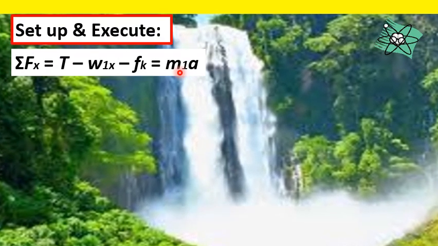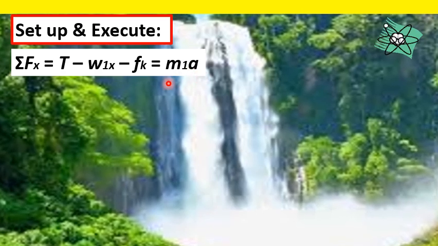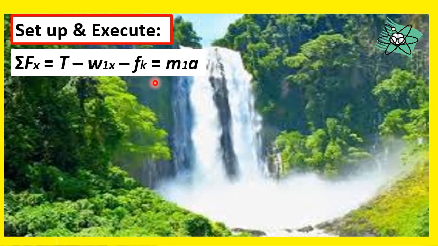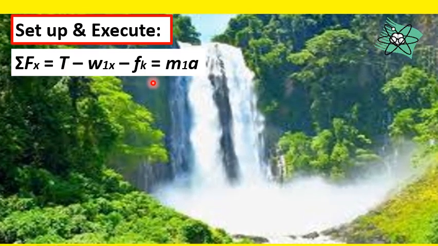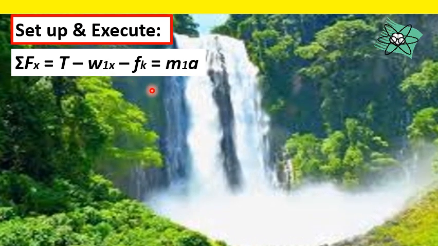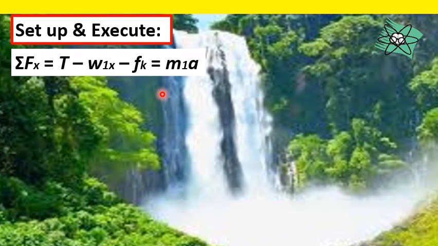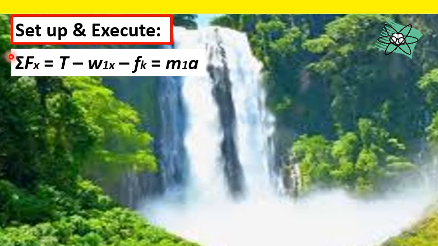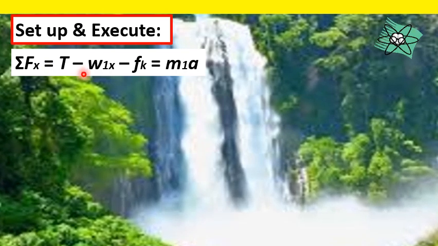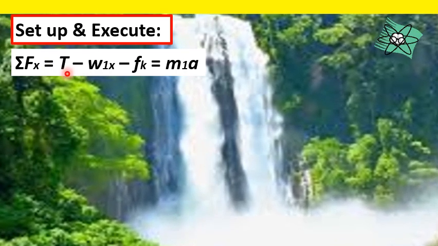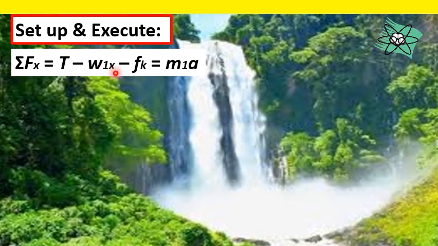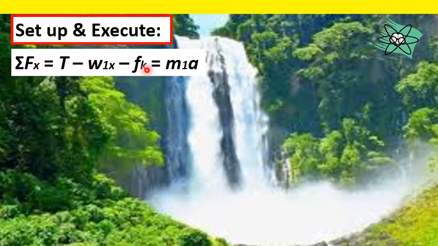Since we already know the acceleration of the system, we can now proceed in finding the tension force capital T. So we consider the net force acting on mass M1. We label it as summation of Fx on mass M1. The tension force capital T minus the x component of weight 1 minus the kinetic friction.